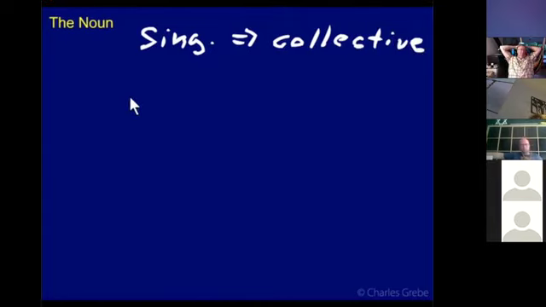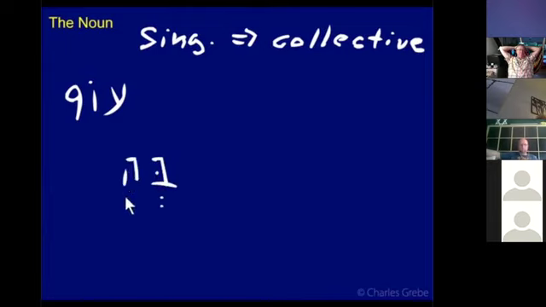And an example of that, a couple of them here, one is of. Of means bird or birds. Behema. That can mean beast or beasts in the plural.